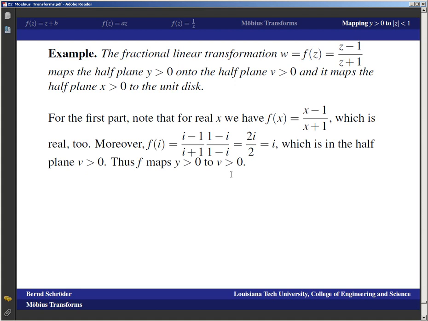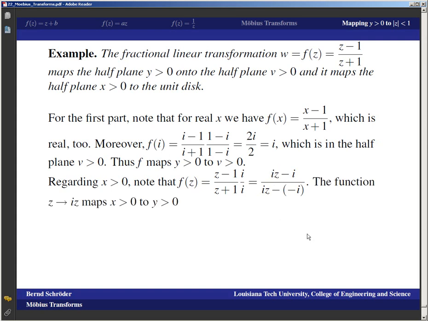For the half plane and the unit disk, we now argue as follows. When x is greater than 0, note that f(z) = (z - 1)/(z + 1). If I multiply that with i in the numerator and the denominator, I get (iz - i)/(iz - (-i)), and that is just the form that we had in the previous theorem, only that our variable is iz instead of z, right?